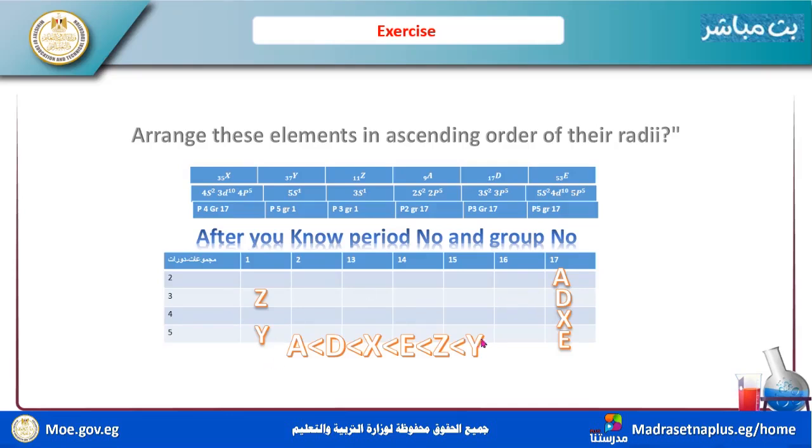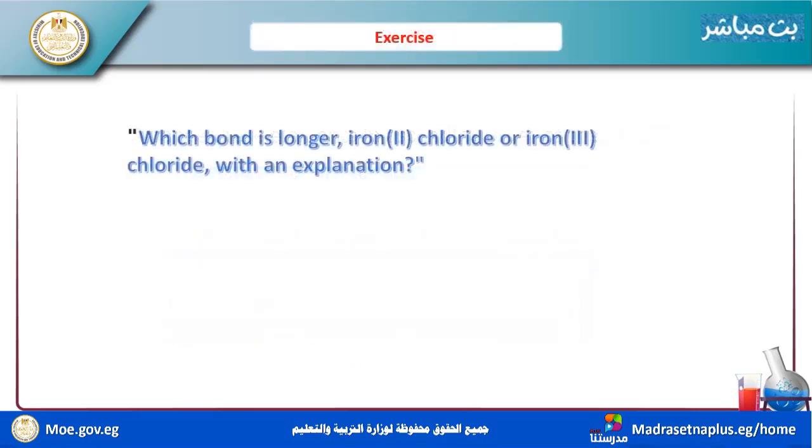So the ascending arrangement is A, D, X, E, Z, Y.